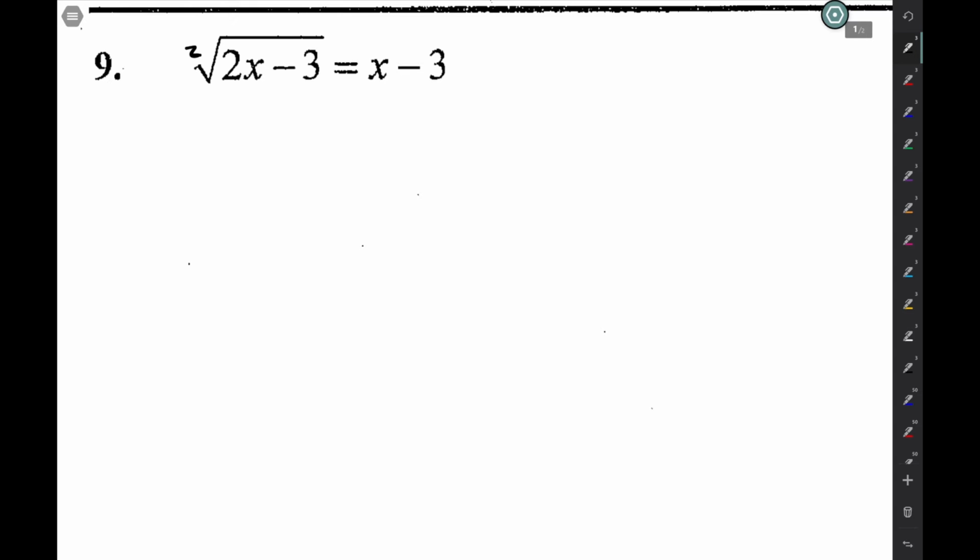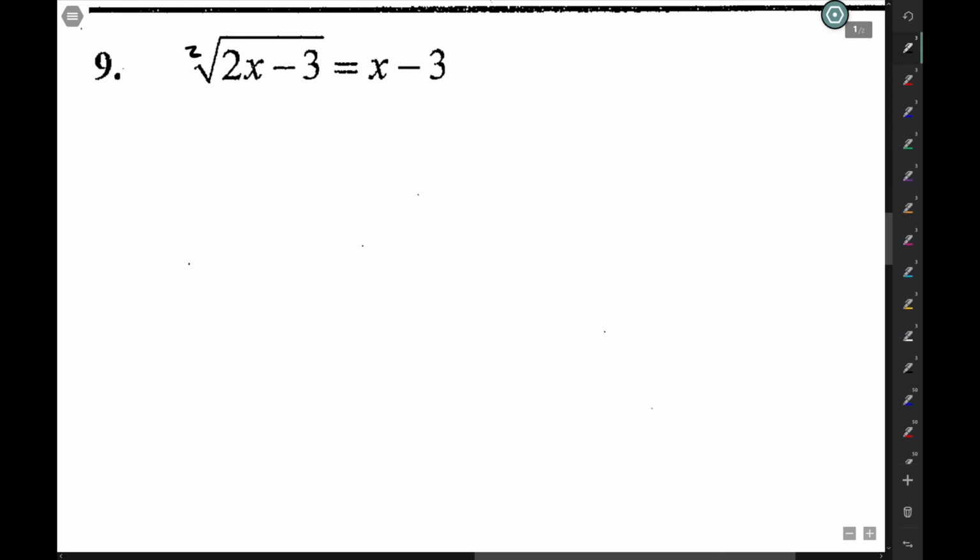Now, the interesting thing is if we blindly go about solving for x, we're going to turn it back into a quadratic, and we're going to find two solutions. But because this is just the principal, the positive root, and it's not the positive or negative, only one of these answers that we get is going to satisfy the positive root, while the other one would satisfy the negative root.